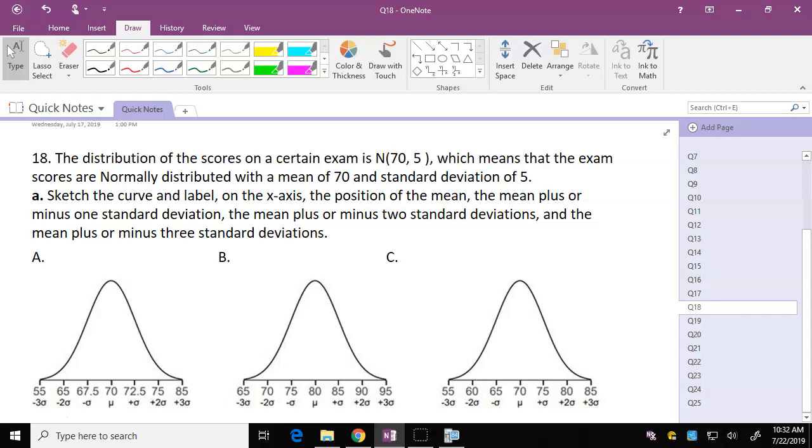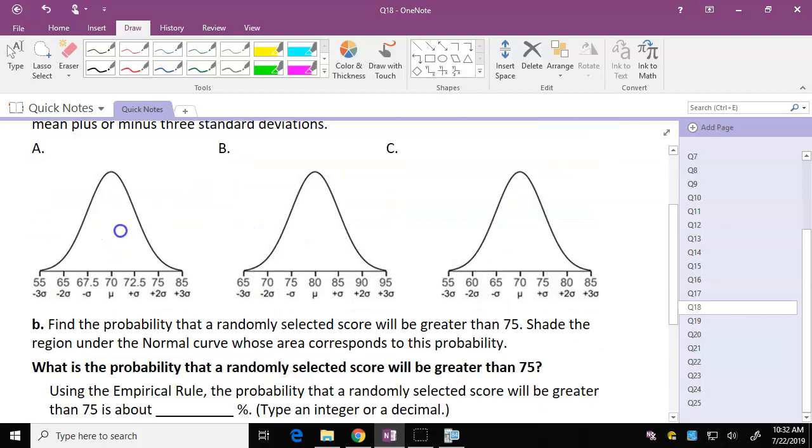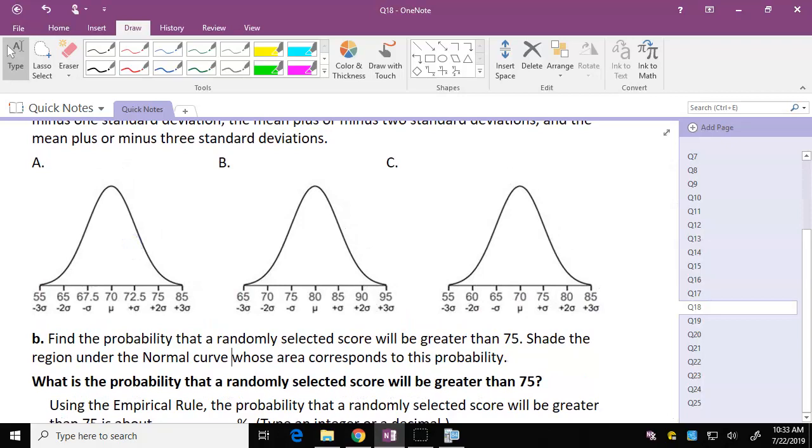Sketch the curve and label the axis. The position of the mean plus or minus 1 standard deviation, the mean plus or minus 2 standard deviations, and plus or minus 3 standard deviations. So which picture represents that N(70,5)?